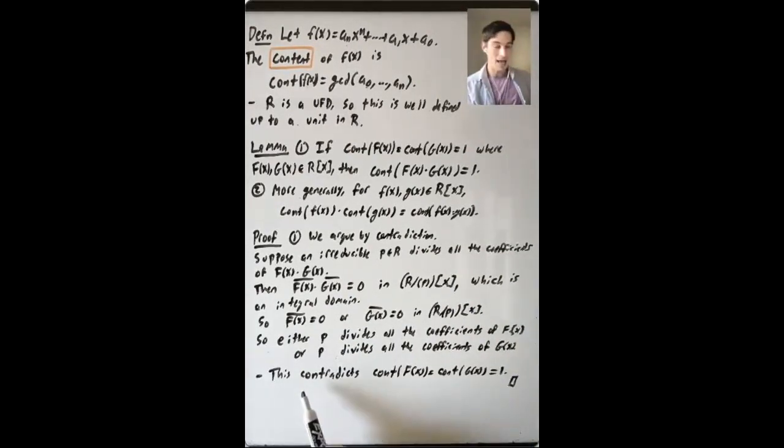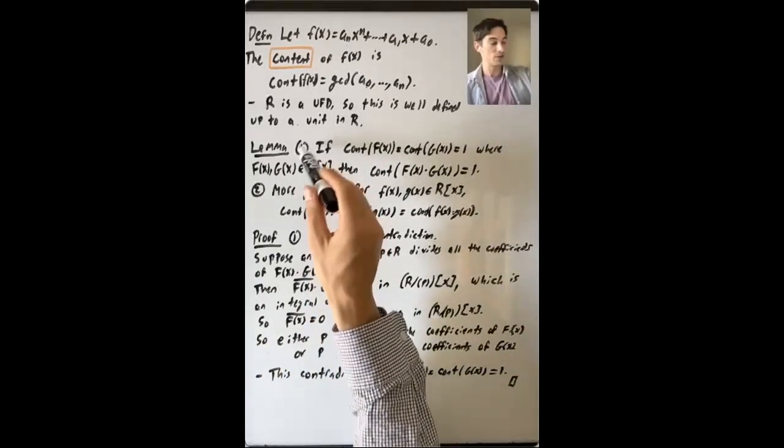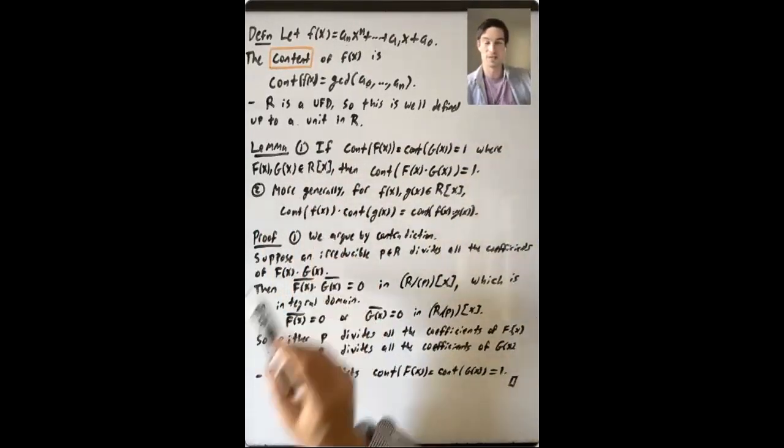And either way, this contradicts the assumption that both f and g have content 1. It's not possible for there to be an irreducible element p that divides all the coefficients of f or that divides all the coefficients of g. All right, so I'll pause and erase. And the last thing that I'll do in this video is show you how to use this first statement to prove the second statement.